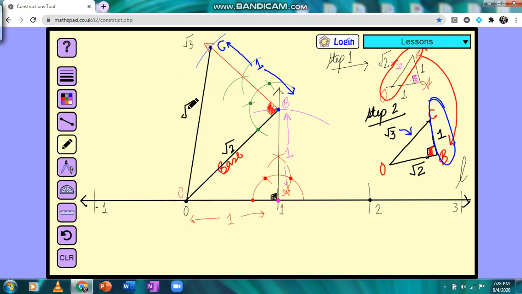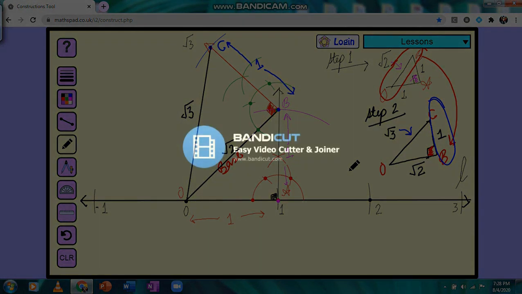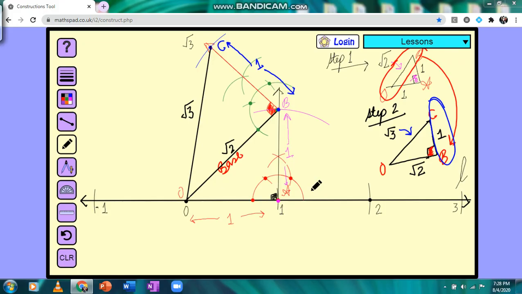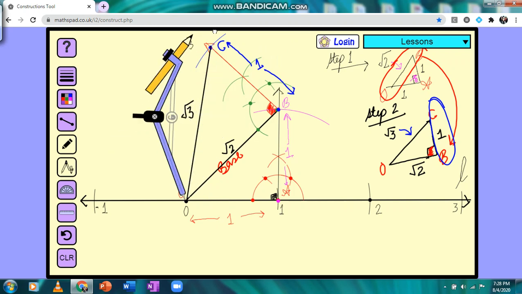This represents root 3, and now I want to copy it onto the number line. To copy it onto the number line, I'm going to use the compass again. Place your compass here, open it to the size of OC. This is root 3.